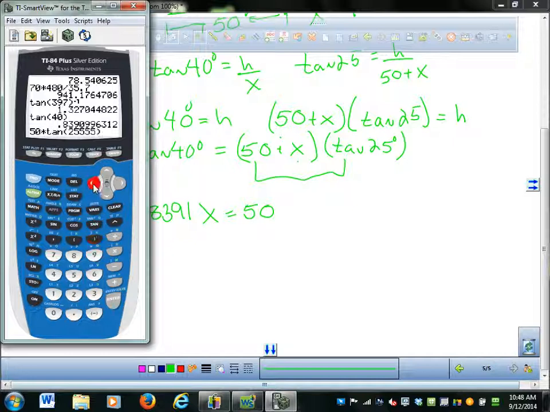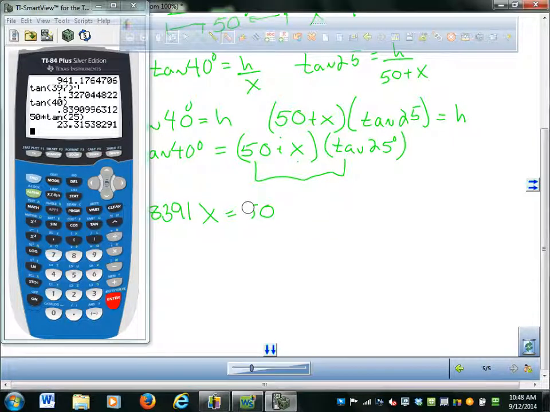And you get 23.315 equals 23.315, and then plus x tan 25.